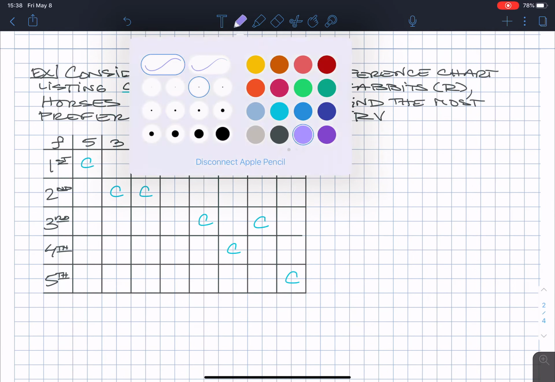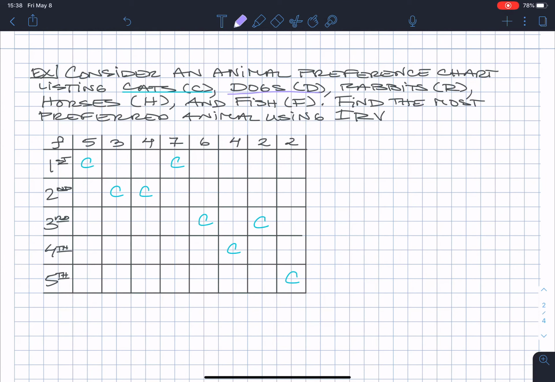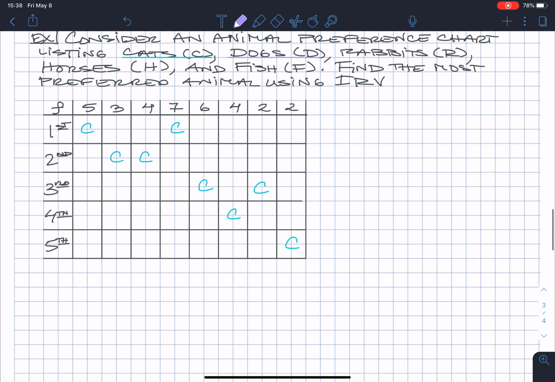Now let's do dogs in purple. The first column has dogs 3rd, then dogs 1st, then dogs last, then dogs 2nd, then dogs 1st, then dogs 2nd, then 2nd to last, and 2nd to last.